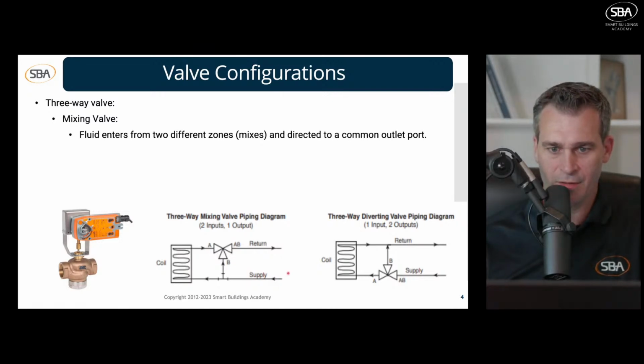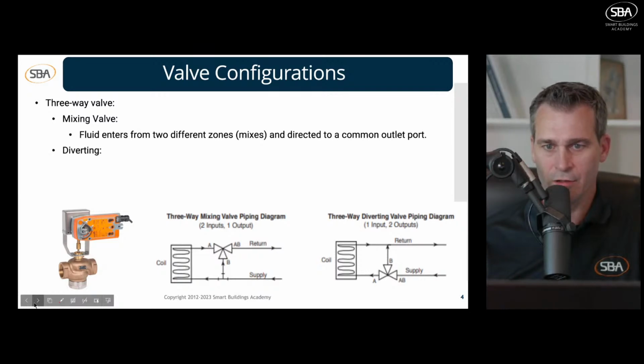So if we have our supply entering our coil here, we have port B, which bypasses the coil, or it can flow through the coil and leave and enter port A. Now, if we're going to mix these two together, we mix the bypass through port B with port A, and those mix together, coming out back to the return, back to the chiller or the boiler. So mixing valves just mix fluids coming from two different zones, and then they leave out of one common outlet port.